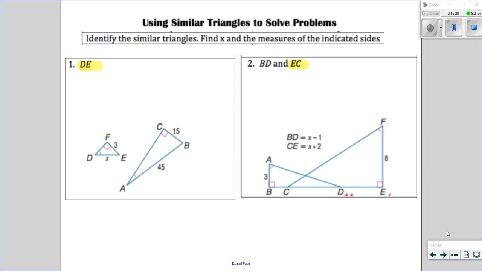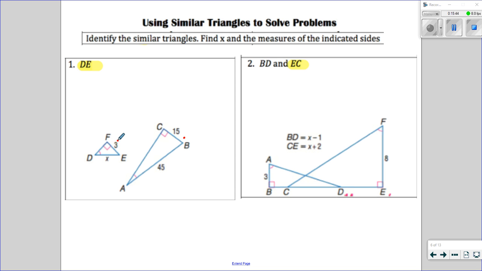For this one, it says we need to find DE. DE is x. And they say that the triangles are similar, so that means I can set up the proportion. This one is in proportion to, it's congruent to this one. So the bottom part of this triangle is going to be similar to the bottom part of this triangle.